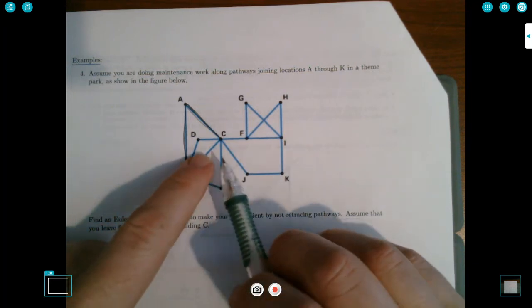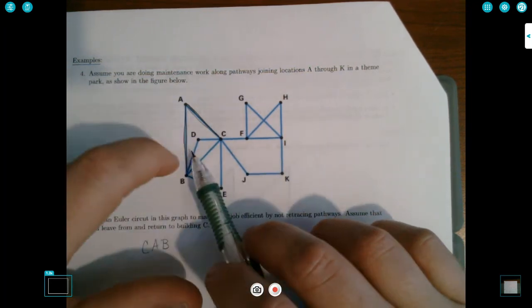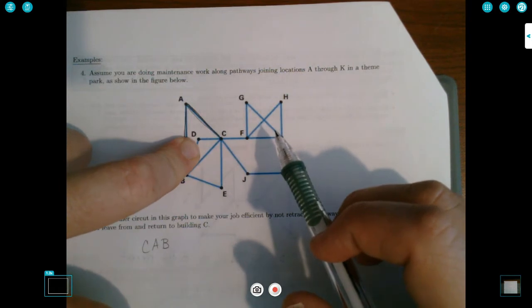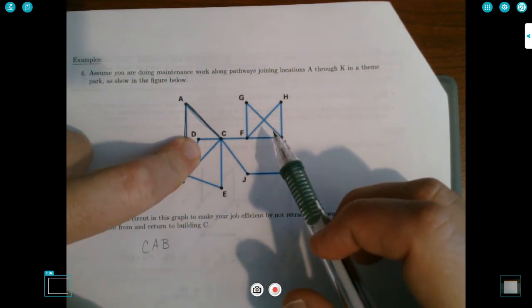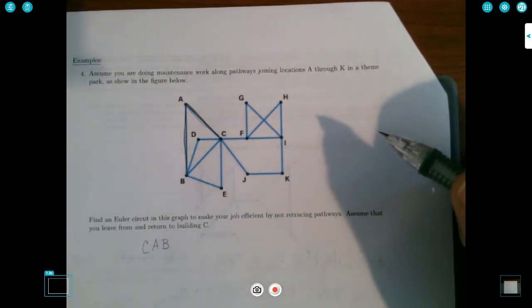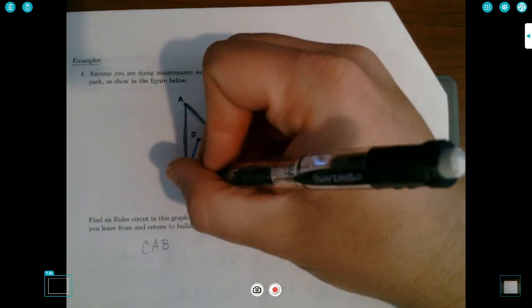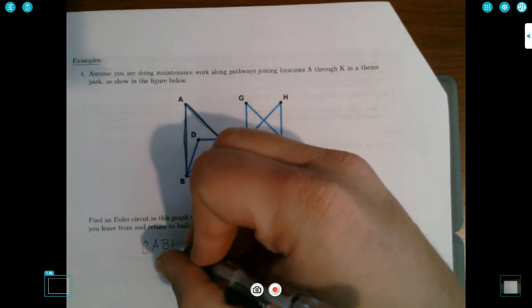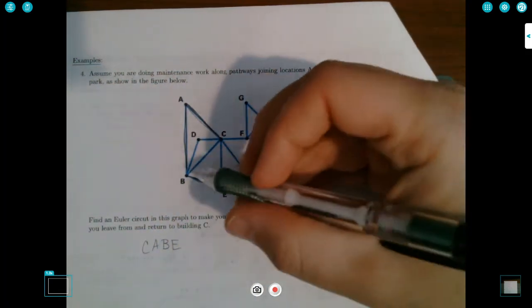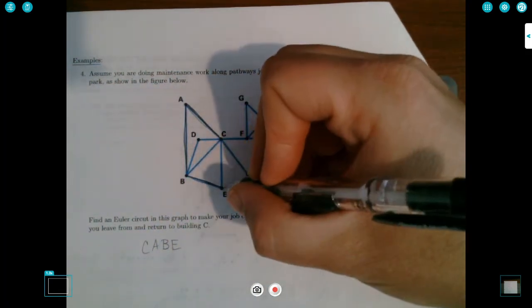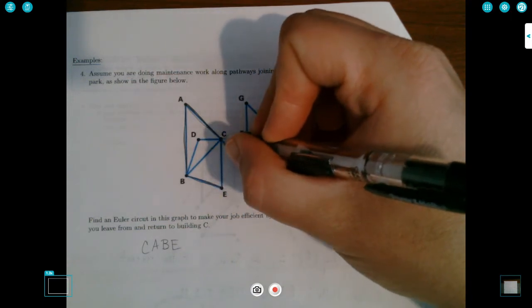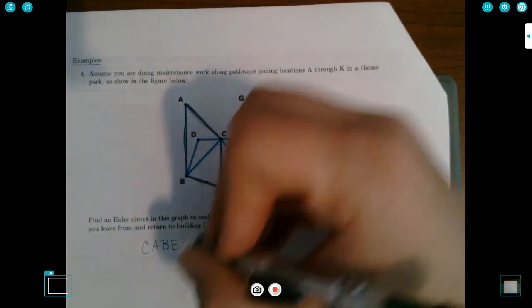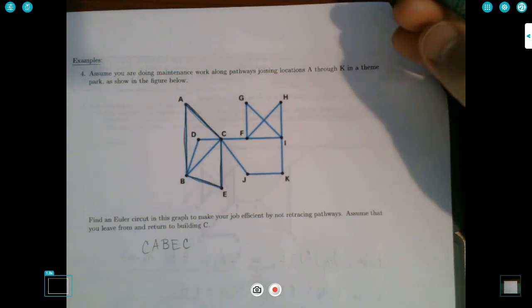If I remove this, I don't have a disconnected graph. If I remove this, I don't have a disconnected graph. So I could go any way, really. Maybe let's go down to E. Once I'm there, I have no choice. I've got to get back up here. So I'm back to C now.